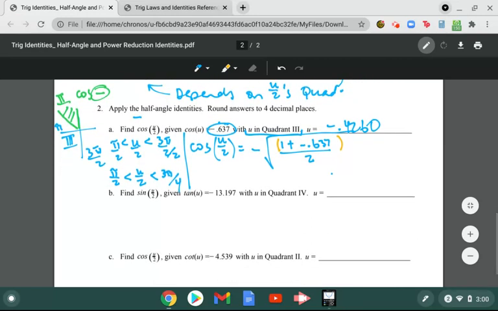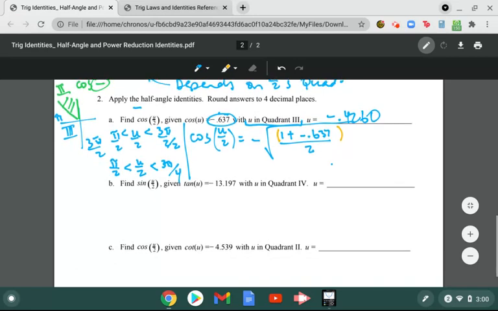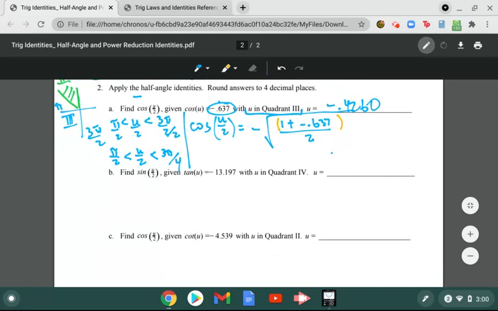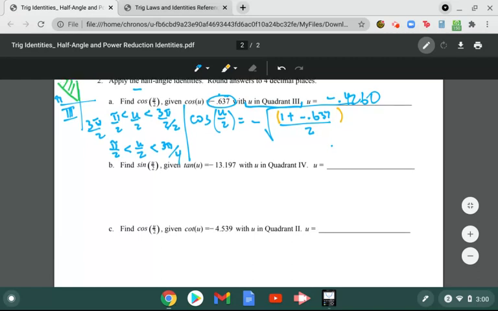Okay, part B. So in part B, the very first thing I'm going to do is determine if I want the positive or the negative square root. This time u lives in quadrant 4. So quadrant 4 is between 3 pi halves and 2 pi.